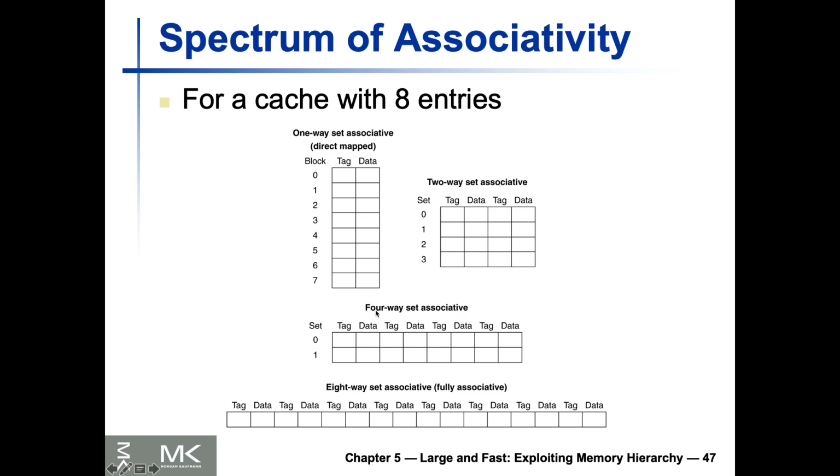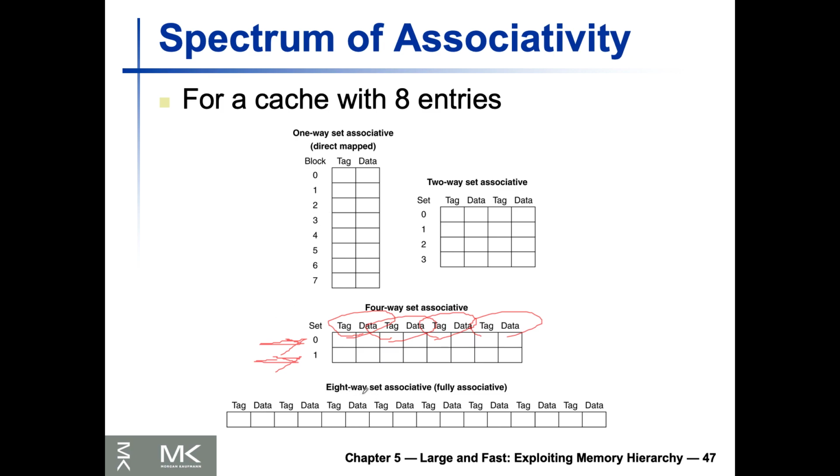If you divide it in a four-way set associative, still you have the same amount of cache, but now you have, I'm sorry, 2 sets, and each of those sets have 4 times tag data. Okay. Still, this is the same size as this and this. Just the way you distribute and your cache paradigm is just different.